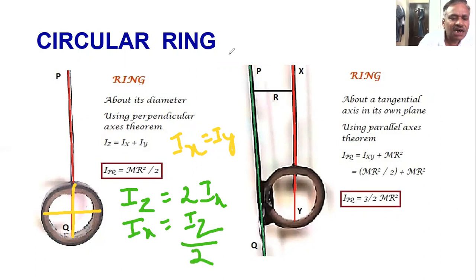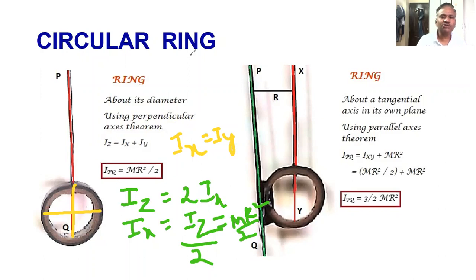What is Iz? Iz equal to, as in the previous case I studied, mr square, so Ix equal to mr square by 2.